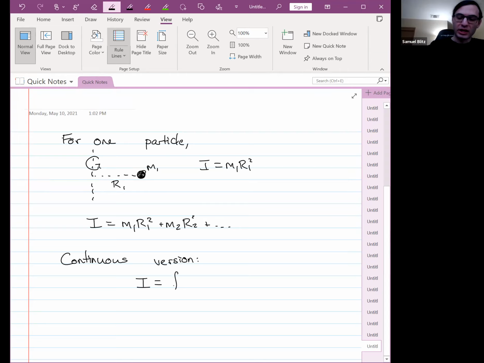Then you get that the rotational inertia is an integral over the object. So you're adding up all the chunks in the object of r squared times dm, where r is the distance that the chunk of mass is from the axis of rotation.